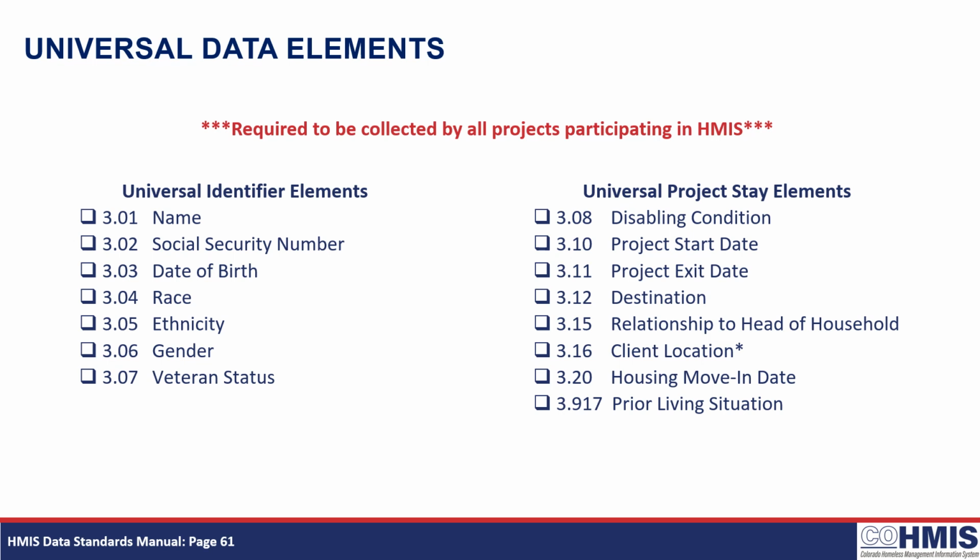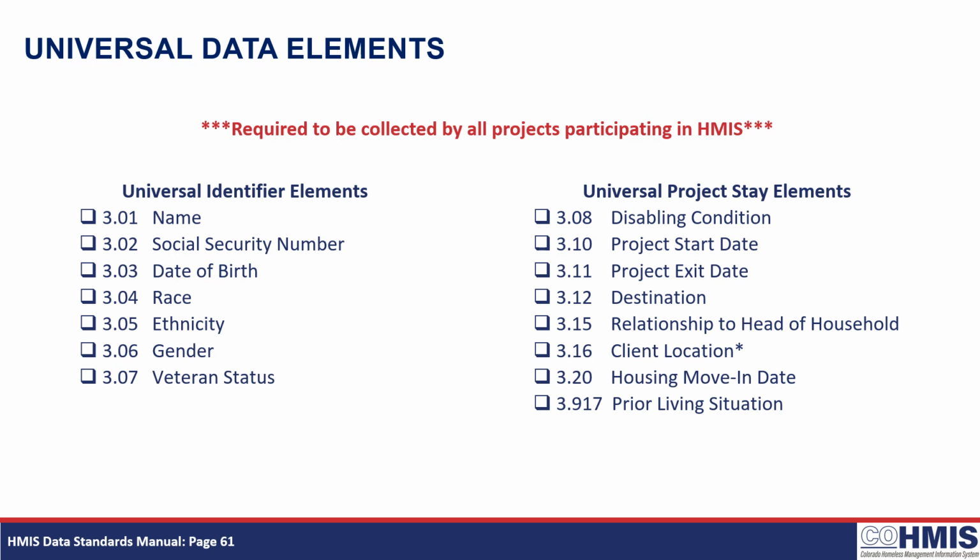The universal data elements are required to be collected by all projects participating in HMIS. They're broken into universal identifier elements, which help us identify who the client is and some demographic information about them, and universal project stay elements, which are more in relation to what happened to that client while they were enrolled in our projects.